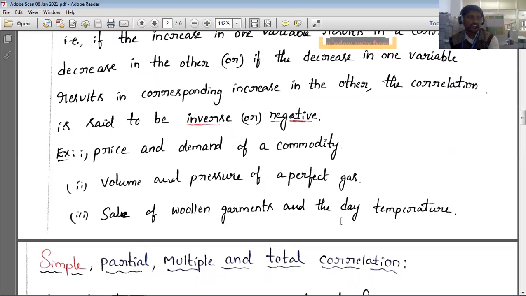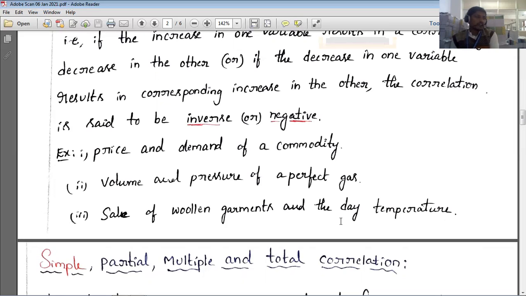When it is going dark, the temperature also reduces. So that also comes under these positive and negative directions.